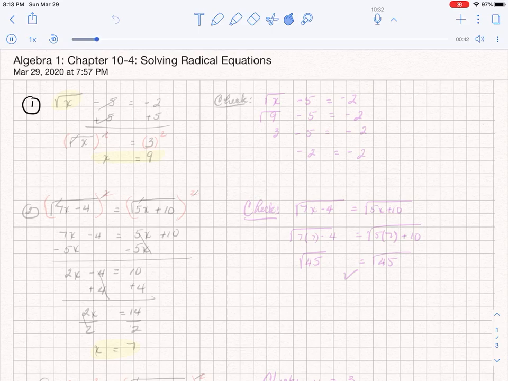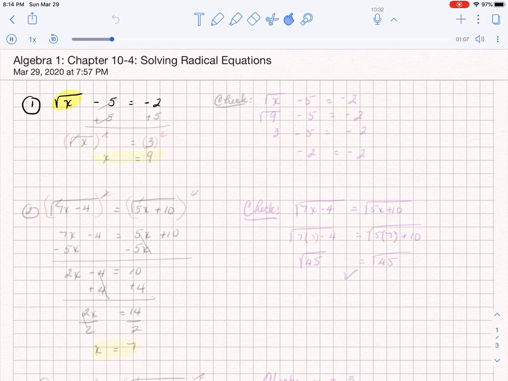Let's take an example: square root of x minus 5 equals negative 2. The radical in this equation needs to be by itself.